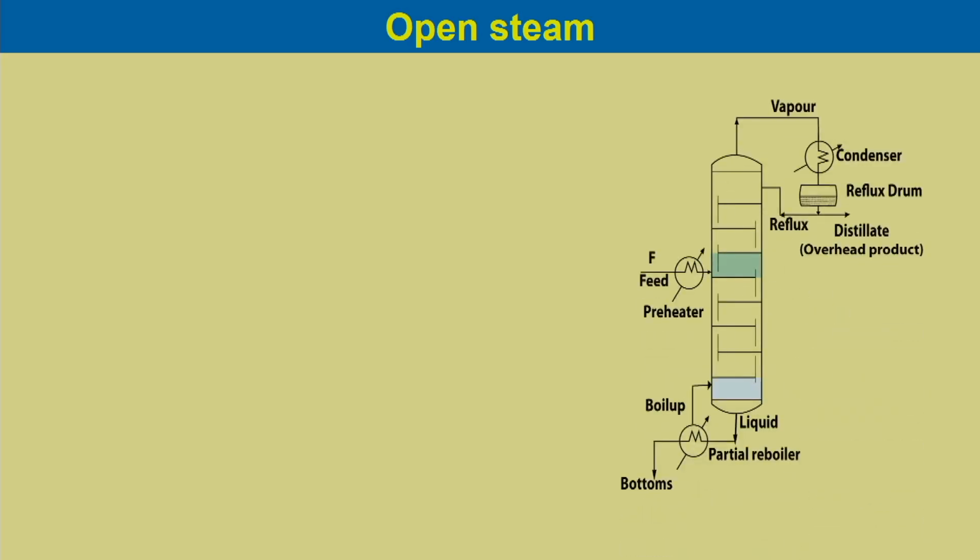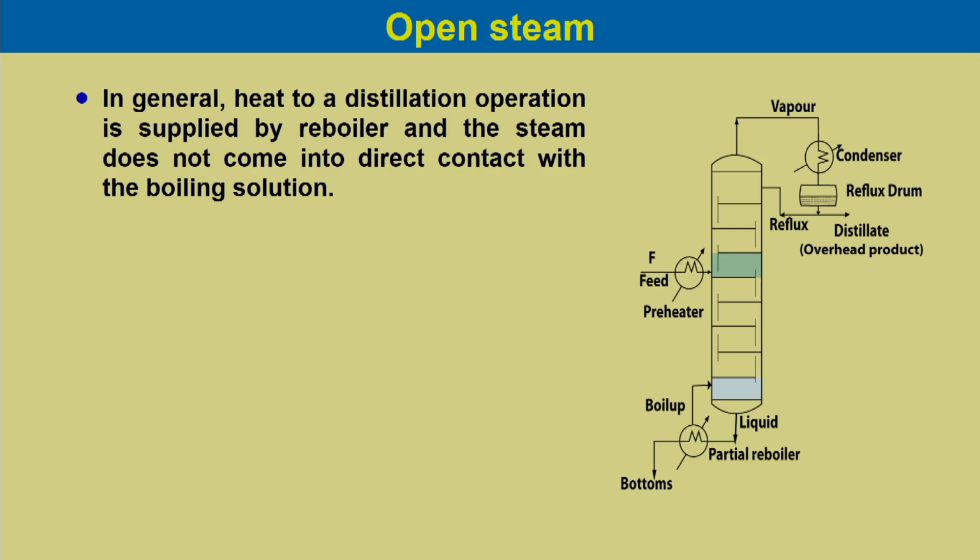Now, another important thing which we will discuss is the use of open steam. In a distillation column, in general, heat is supplied by a reboiler, which is over here at the bottom, and the steam does not come in direct contact with the boiling solution.